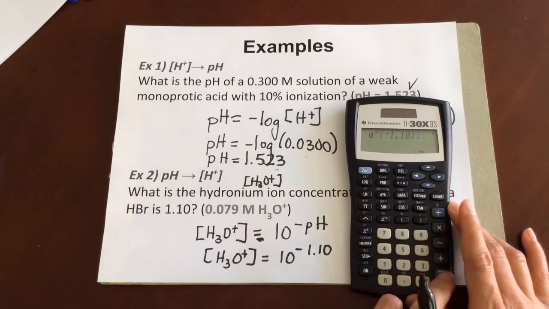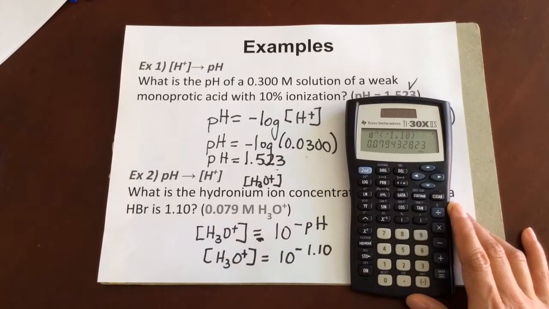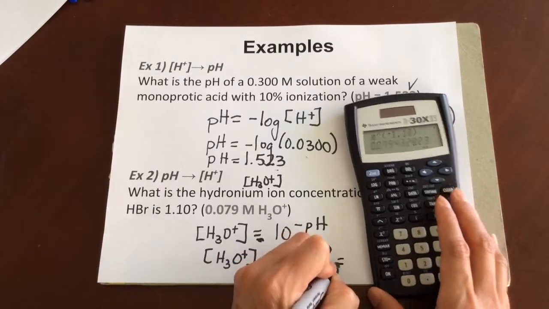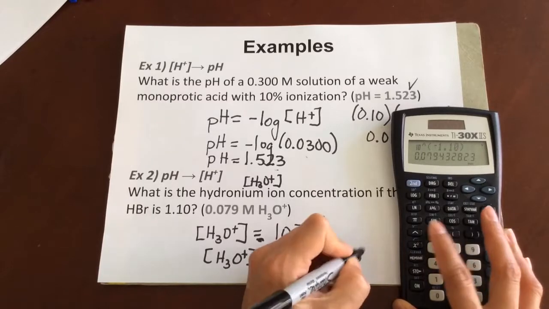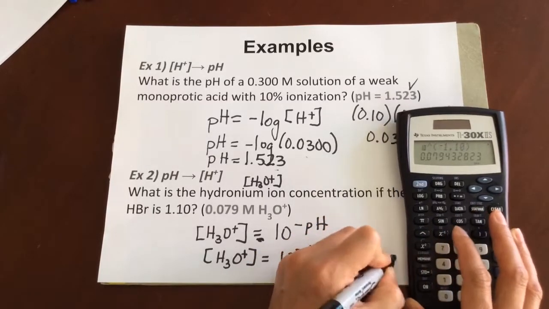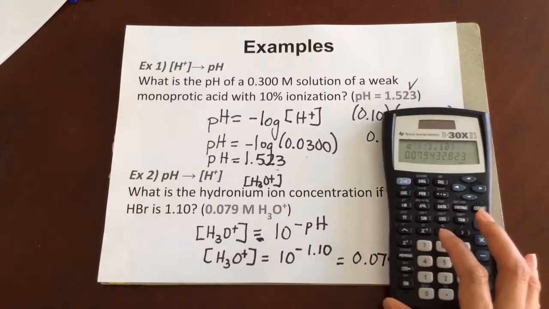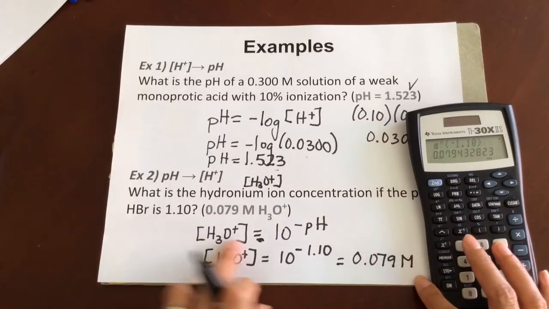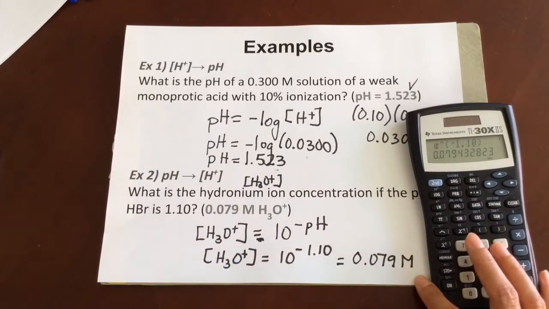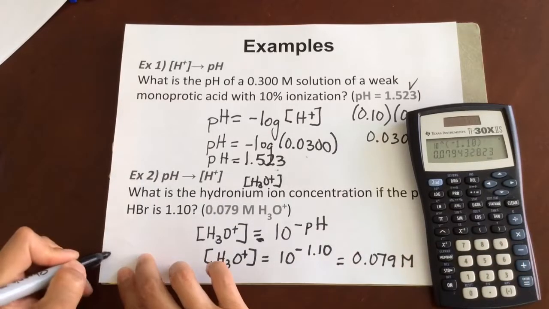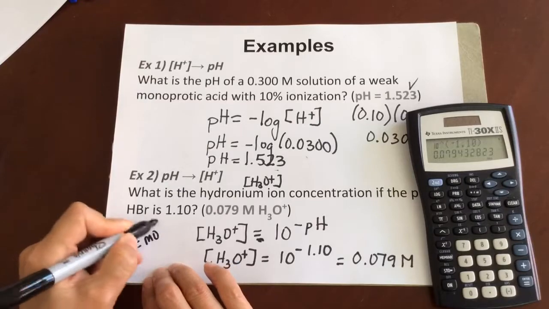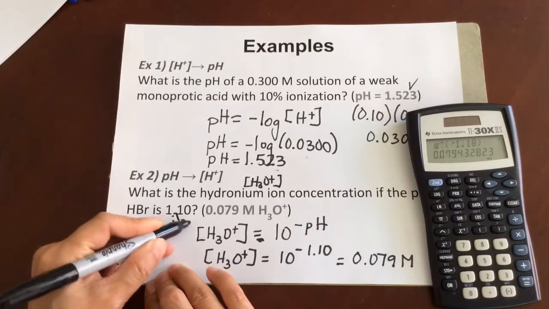If you want to add that 0, it doesn't matter. The calculator doesn't know how to do sig figs. So the answer in the end is 0.079 molarity. These brackets really represent concentration in molarity. Okay?